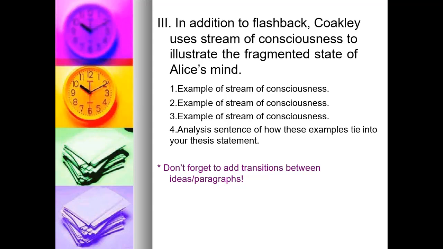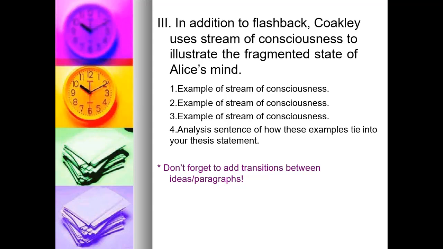So let's look forward. Our next body paragraph, we're going to want to address our next literary element. Same thing: we start with a topic sentence, we integrate our quotations with citations and explanations, and then we end with a concluding sentence that ties it back to our thesis statement about how Alice is a character who's mixed up, just like the story is mixed up.